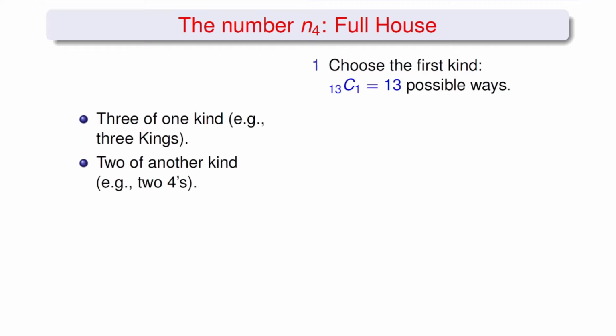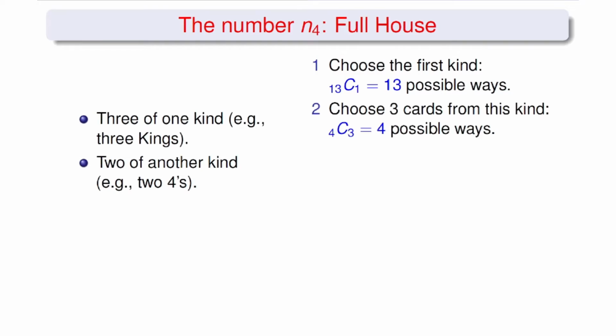Step 2, we're going to choose 3 cards from this kind. So 4 choose 3, that's 4 possible ways. After steps 1 and 2, we have 3 of one kind. Then we're going to do 2 of another kind. Firstly, let's choose another kind from the remaining 12 of them.